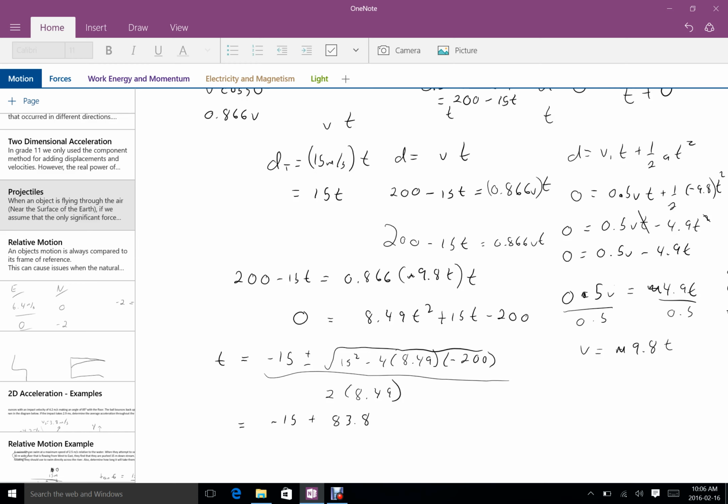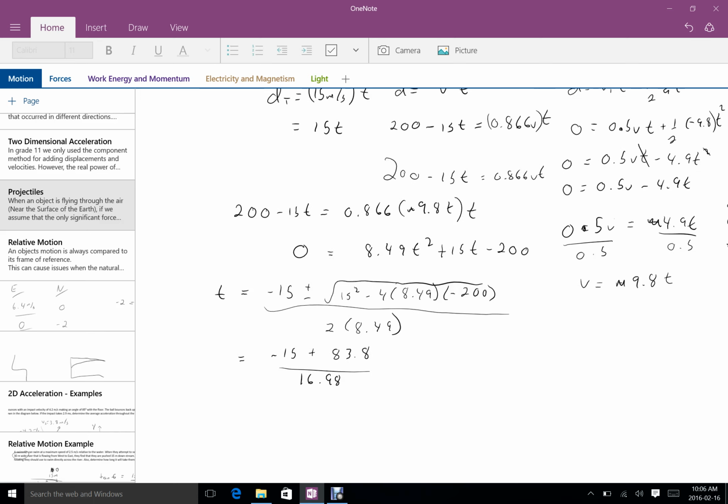So I'm just using the plus because I want my overall result to be positive. And I get a hang time of 4.05 seconds.